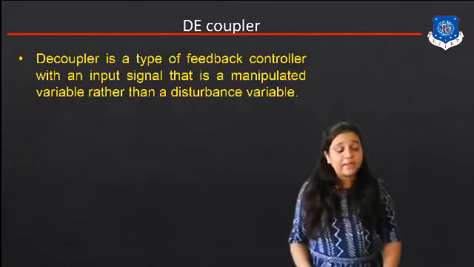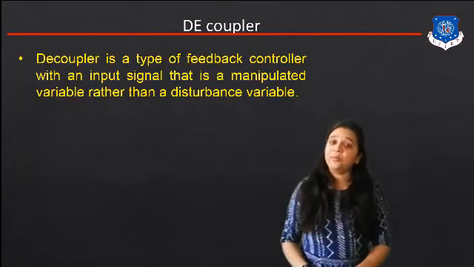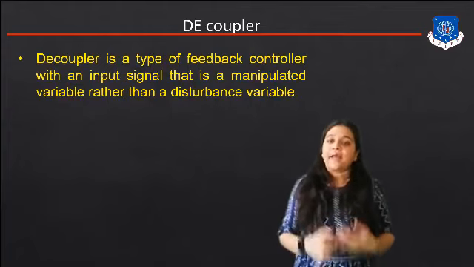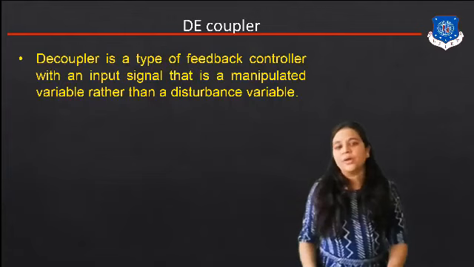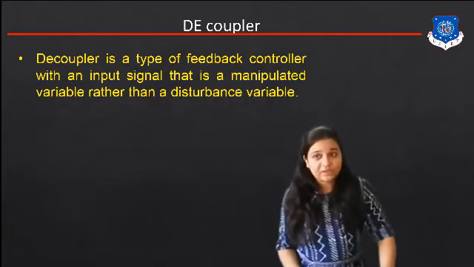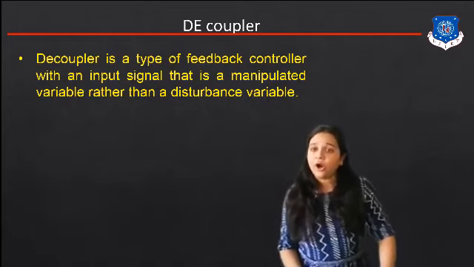Okay, so the decoupler is a type of feedback controller whose input signal is the manipulated variable rather than the disturbance variable, because if we deal with the MIMO system, there are multiple disturbances in the block diagram.